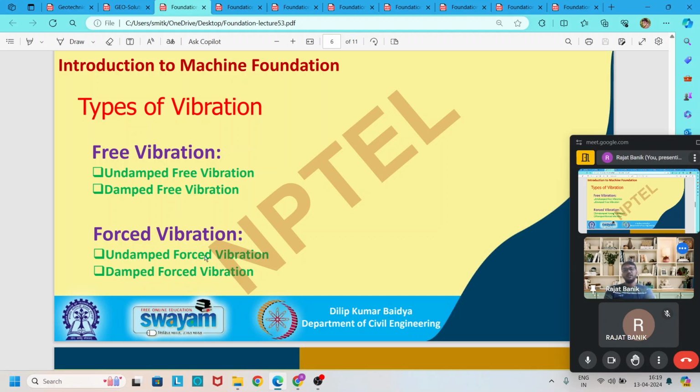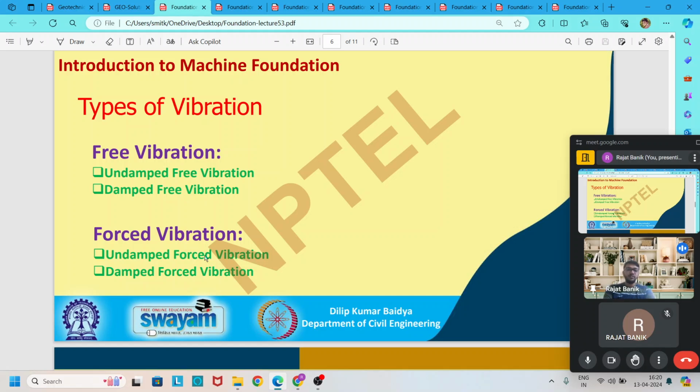But in nature, there is nothing called free vibration, because to produce free vibration we need a little amount of external force. After that, we remove this external force, and if the system keeps vibrating, we can call it free vibration.